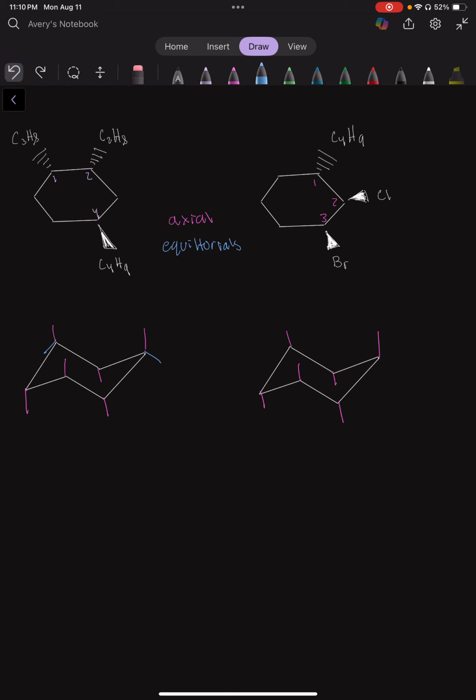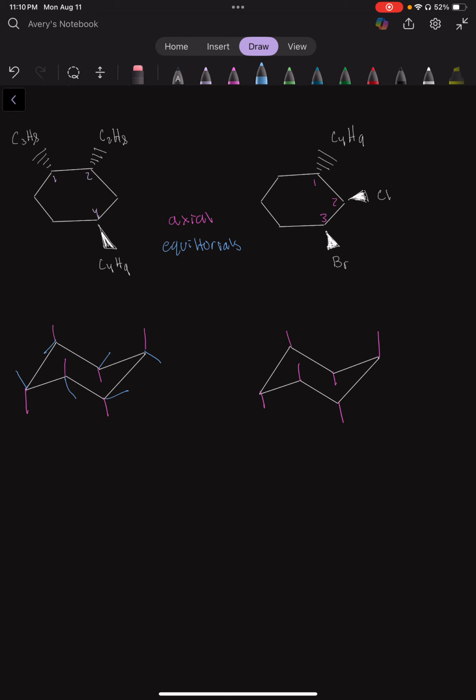Wait, oops. Ignore that. I totally was wrong. That's down. That one's down. This one is down. And then we have our ups. So if the axial is down, the equatorial is up. So it's going to be up, up, and up.